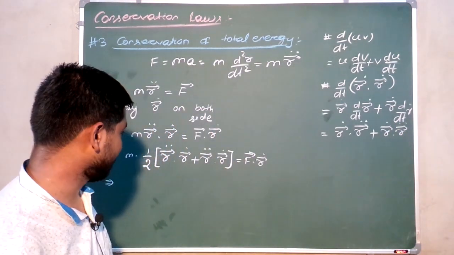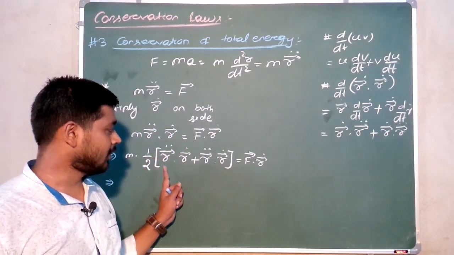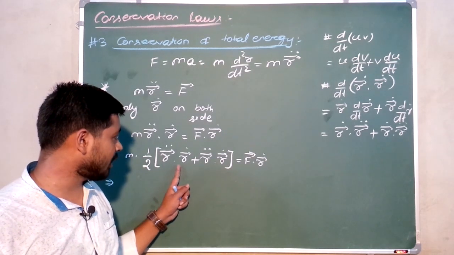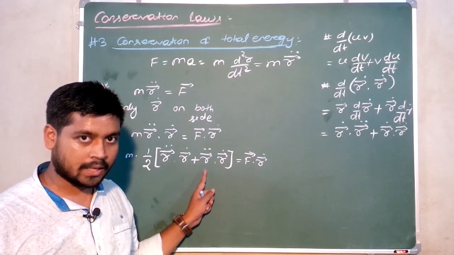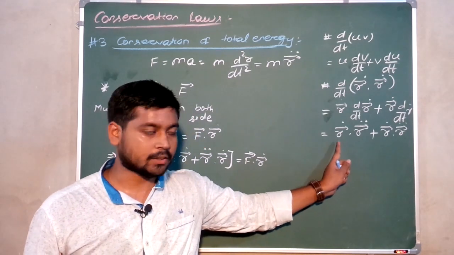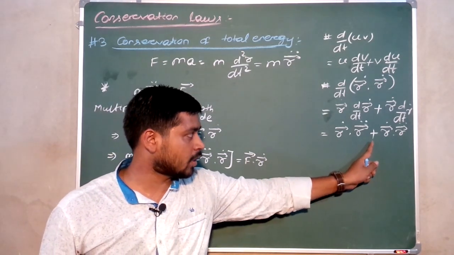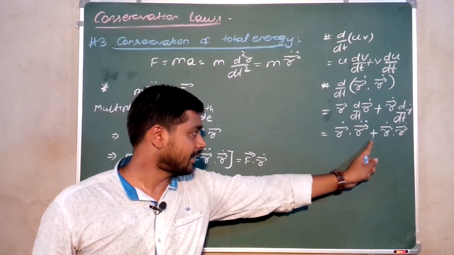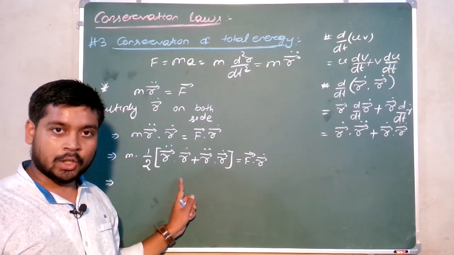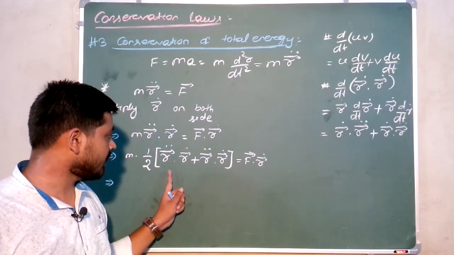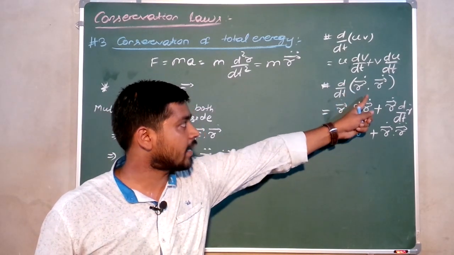This is a dot product. This one and this one are equal, so I can write d by dt of r dot dot r dot.